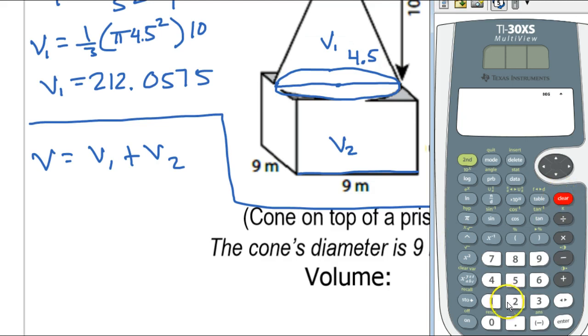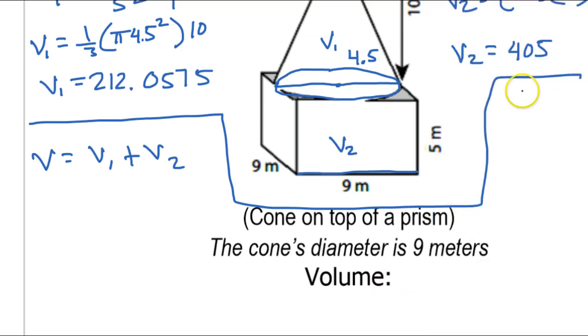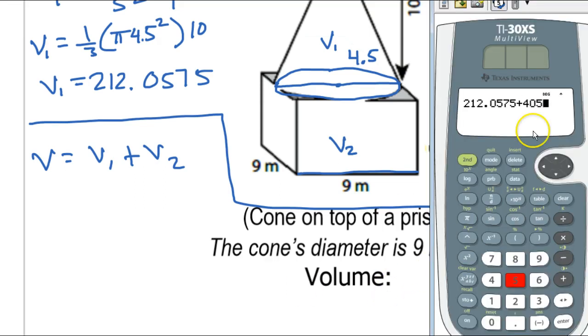So volume 1 is 212.0575 plus, and then volume 2 was 405. Let me just, yep, there it is. So I'm just adding them together.